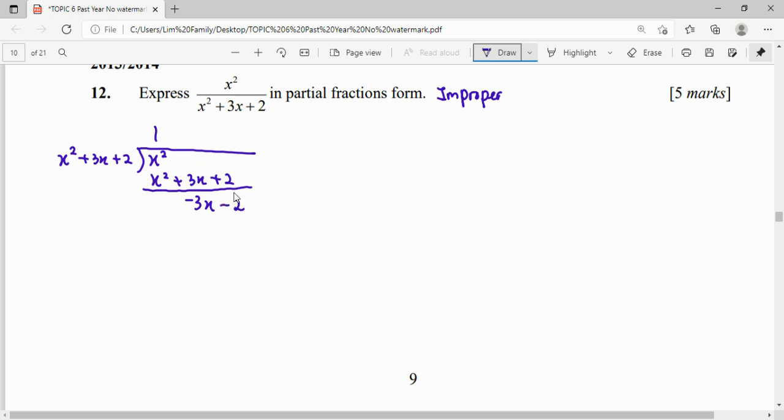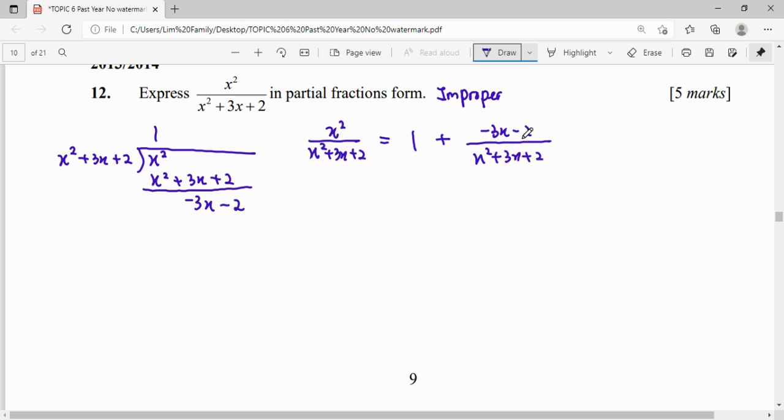So from here, our fraction x squared over x squared plus 3x plus 2 will equal to quotient 1, and then the remainder part is negative 3x negative 2 divided by our divisor here. So we will let our divisor here in fraction form.